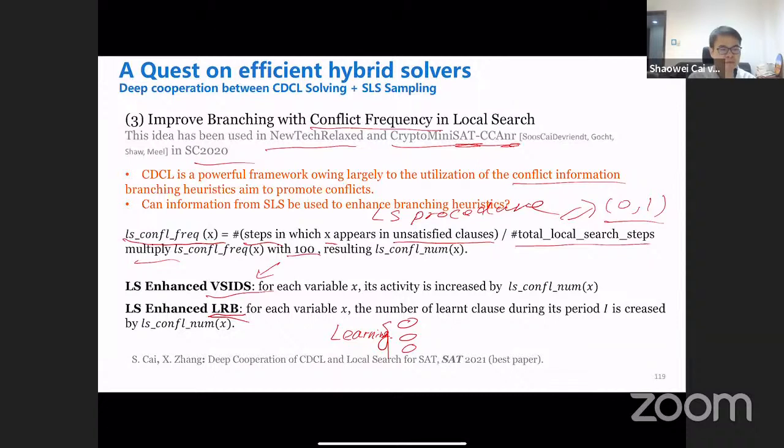We have one work last year using a neural network to produce initial assignments, and it can be useful for random benchmarks.